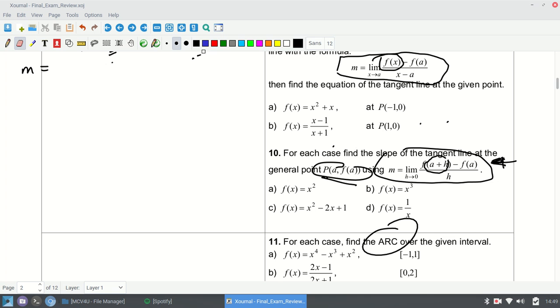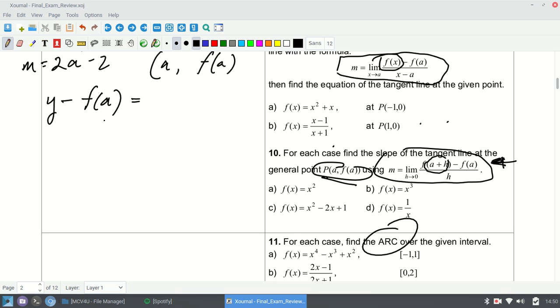Let's erase that. So m is equal to 2a minus 2. Again, f of a. So y minus f of a over x minus a equals 2a minus 2. So y minus f of a equals x minus a times 2a minus 2.